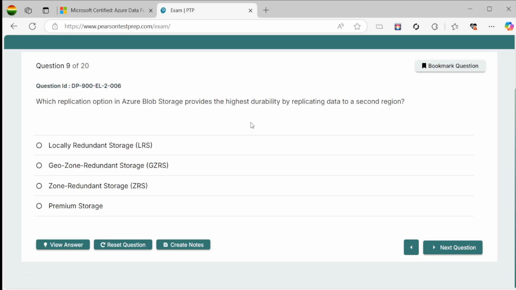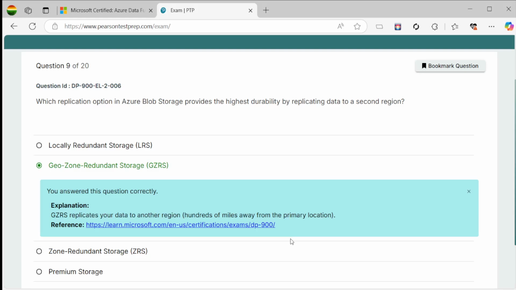Here we need to replicate to a second region, so we need geozone redundant storage. Premium storage is not even related to replication to regions. Locally redundant storage is within the data center, just multiple copies of the data. Zone redundant storage is copying within the zone, but geozone is across regions.